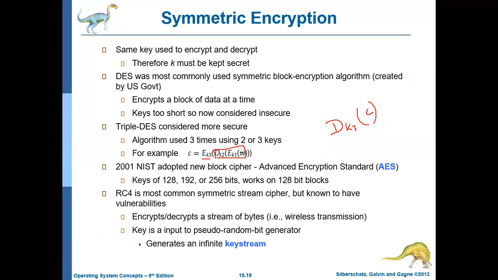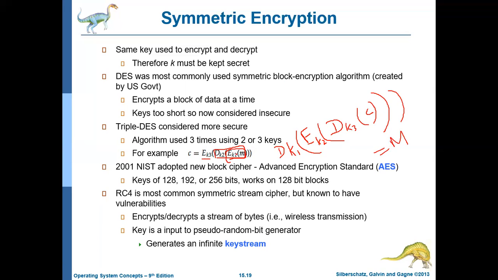Now that you got this part of the message, you encrypt with K2. Once you encrypt with K2, you will get this part of the message. That you decrypt with K1, D of K1. Then you will get the original message. So this is what the receiver should do.